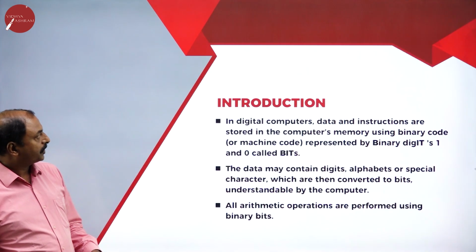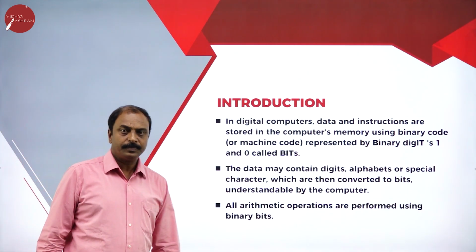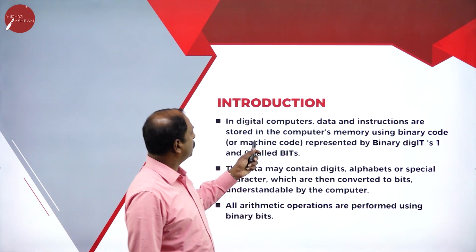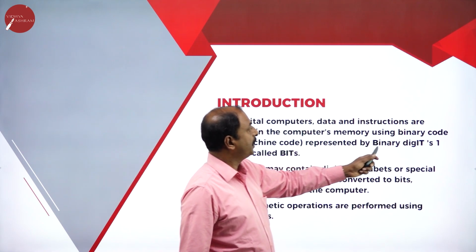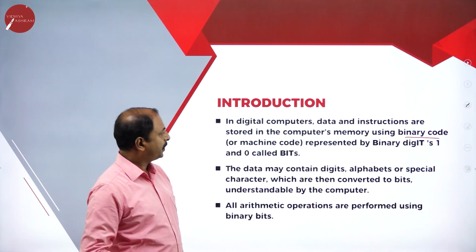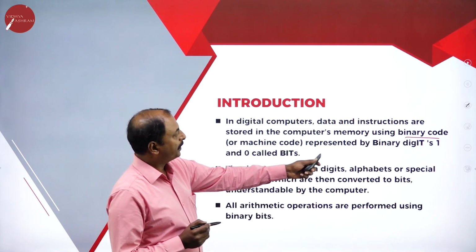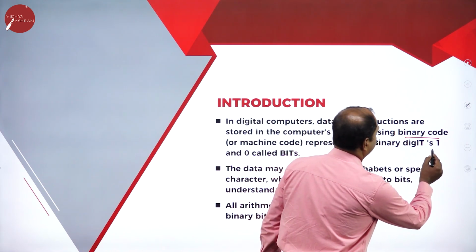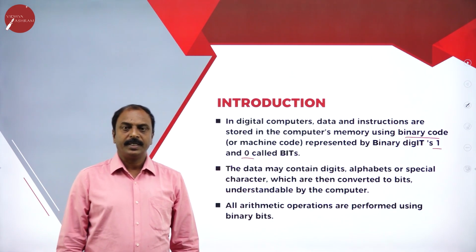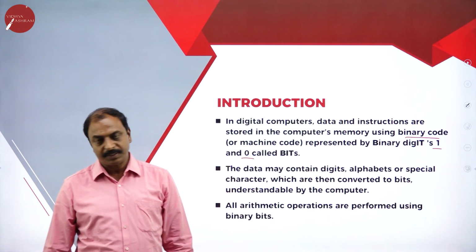Now let us start our discussion with the introduction. In digital computers, data and instructions are stored in the computer's memory using binary codes. Using binary codes, it is represented by binary digits 1 and 0. This is what we have learned in our introduction to computers.